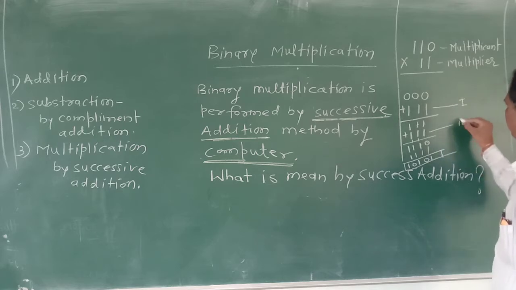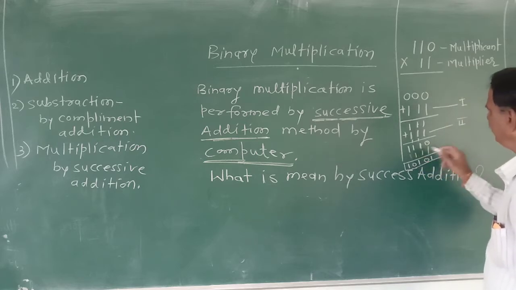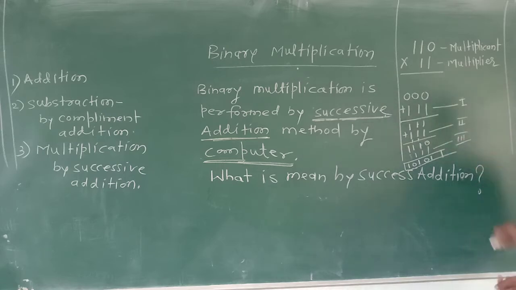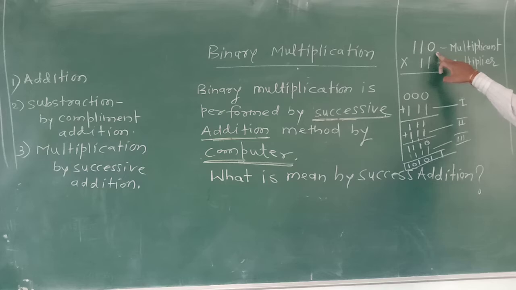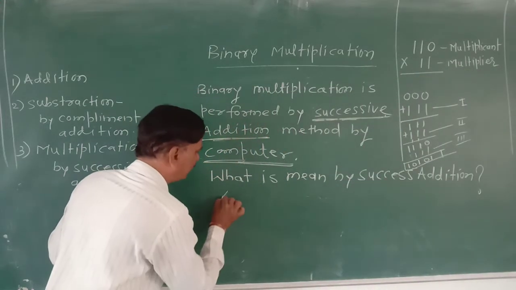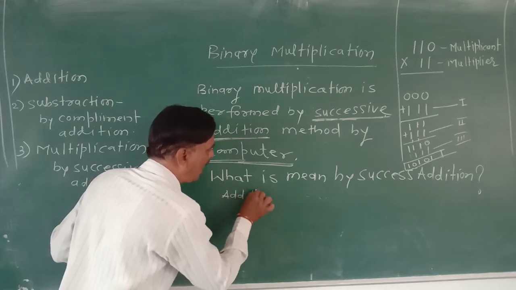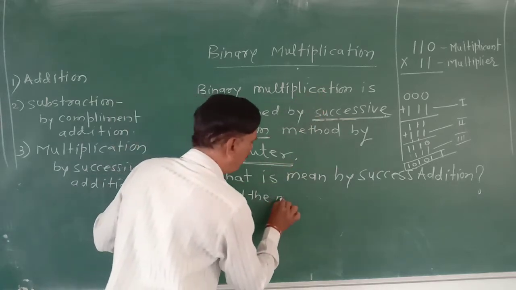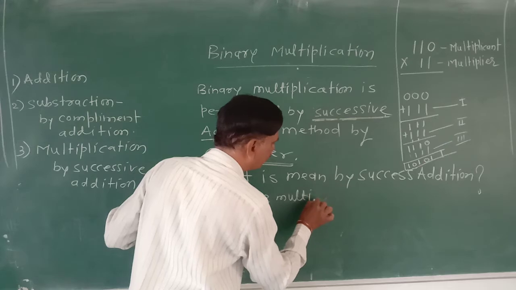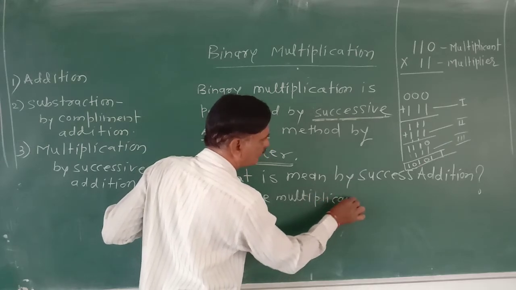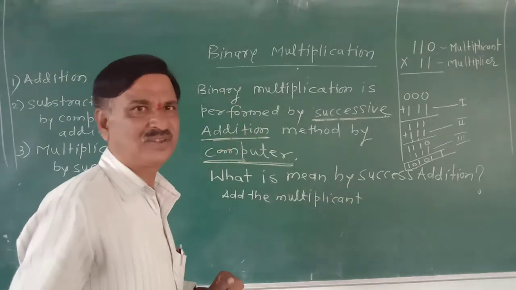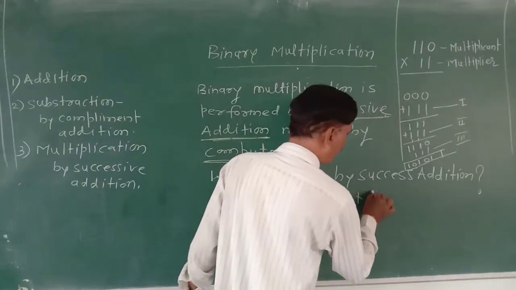This is second time, and this one is for third time. So the multiplicand is added in 0 first, then the multiplicand is added for the second time, third time. It means that we add the multiplicand in 0.